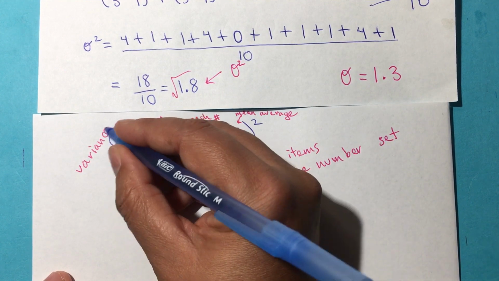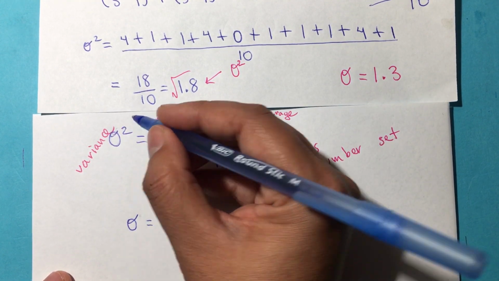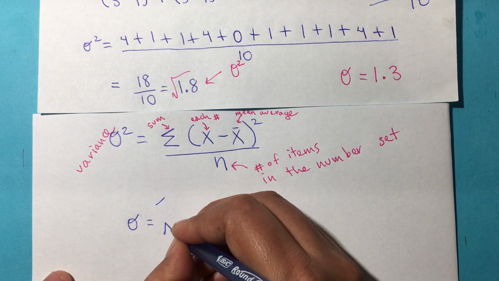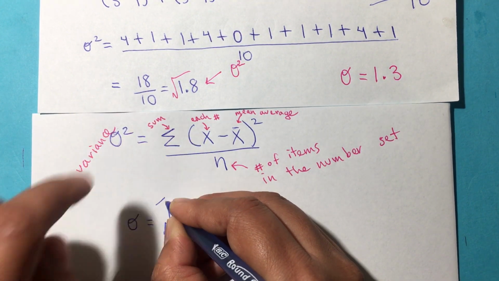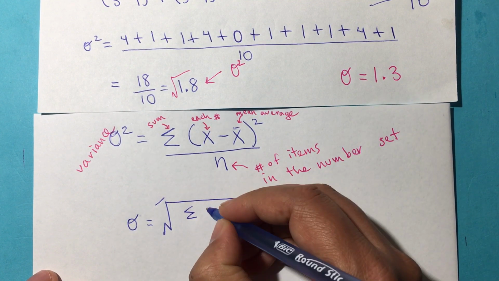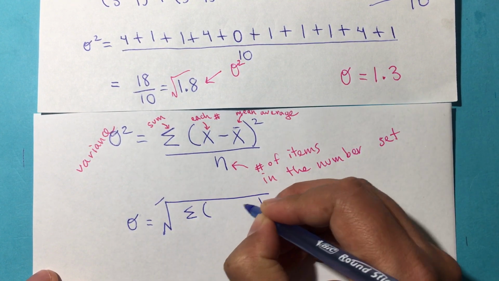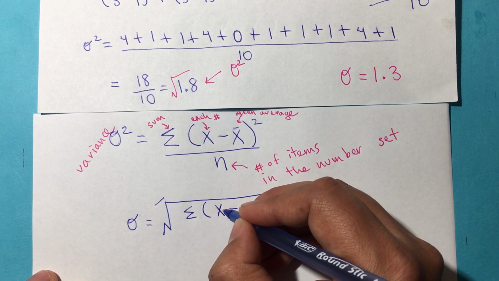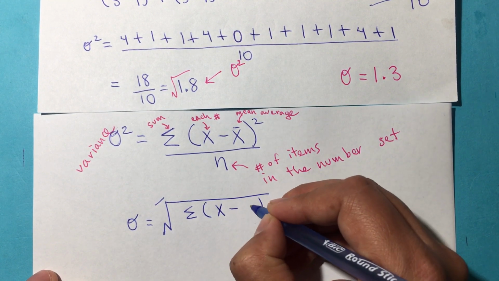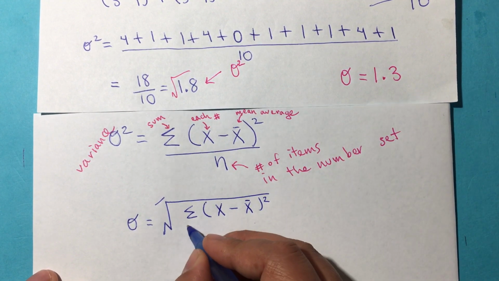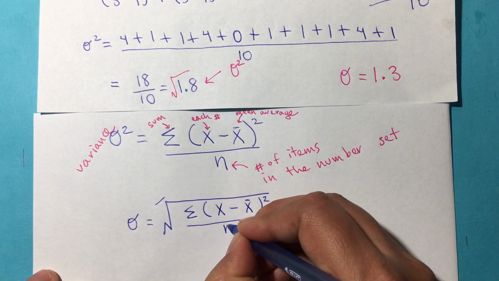By taking the square root, the square root cancels the square. Now you only have sigma, and that means that if you take the square root on one side, you have to do it on the other side, and then you end up with the sum of all the differences of each number in the number set minus the mean, squared, and divided by the number of items.